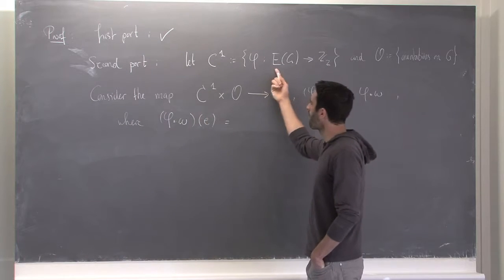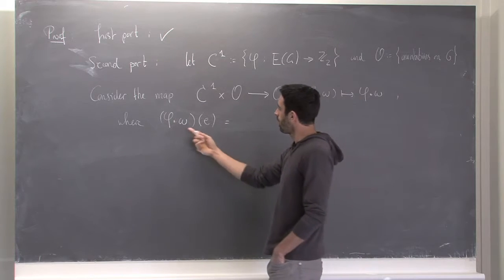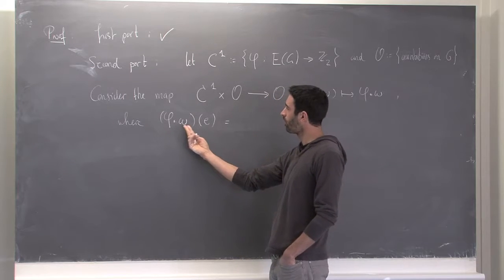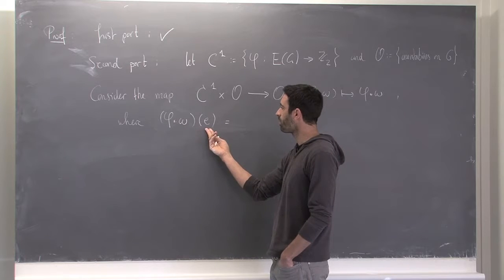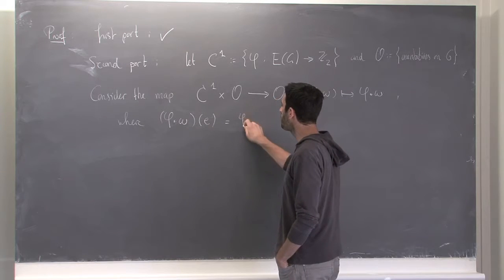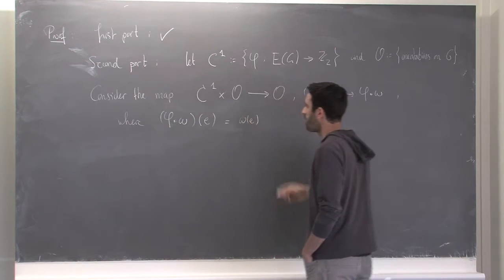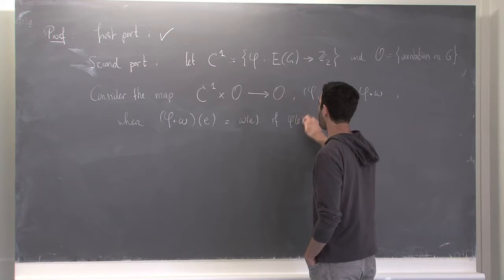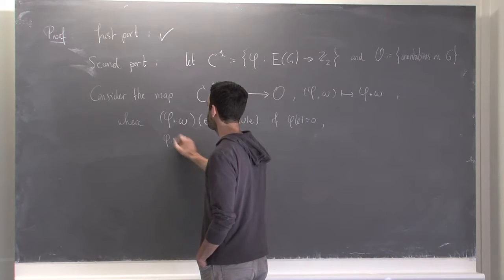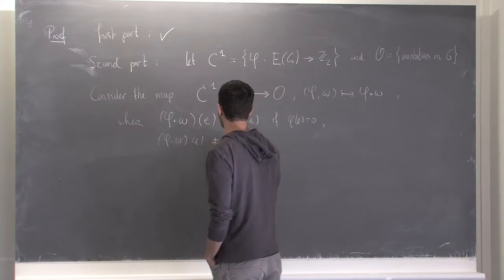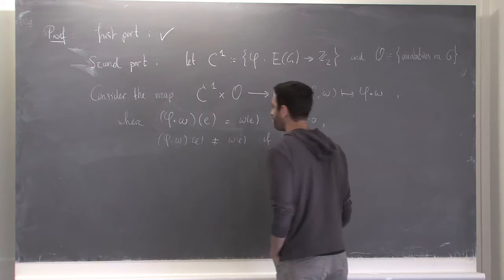so how can such a map act on the set of orientations? There is really one sensible way to do so, is that you have a fixed orientation and you want to know how this thing acts on this orientation on the given edge. Well, this will be equal to omega of E if phi of E is equal to 0, and it's going to be different if phi of E is equal to 1.